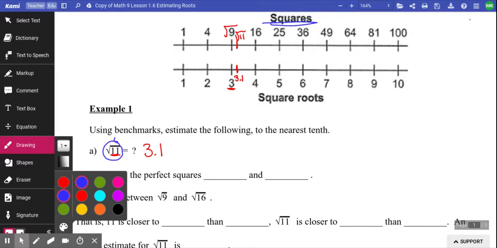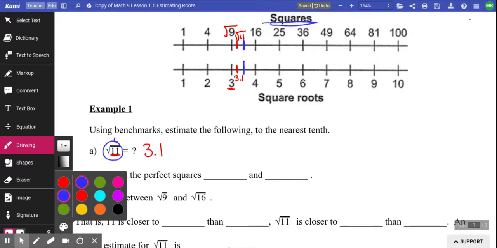Like you can see the square root of 11 is right next to 9. So I want to try to pick a decimal that's really close to 3. 4 would probably be more close to the center. But it's probably still close enough to get you the answer. If you started saying 3.5, 3.6, 3.7, you're on the wrong side of half. Right? You're going to be off.